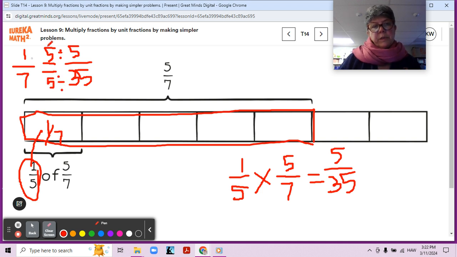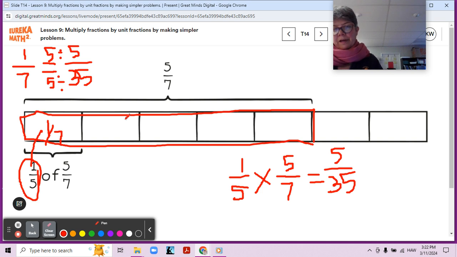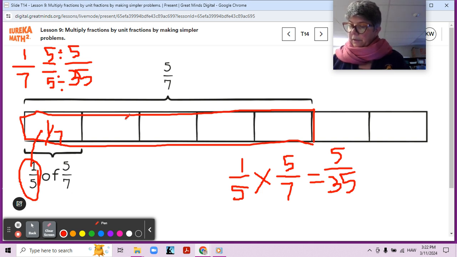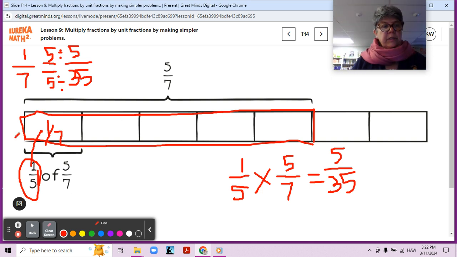Or, of course, multiply them both by 5 going this way. 1 times 5 is 5. 7 times 5 is 35. So they are both the correct answer of 1/5 of 5/7. This is a different way of looking at it. And maybe that interests you, right? Growing your brain.